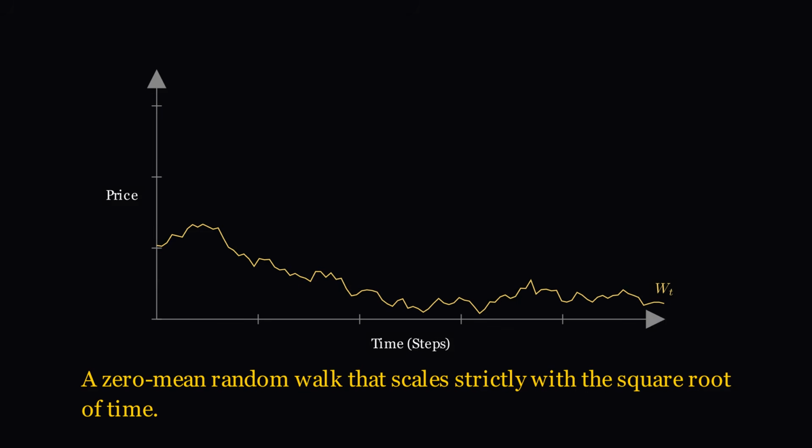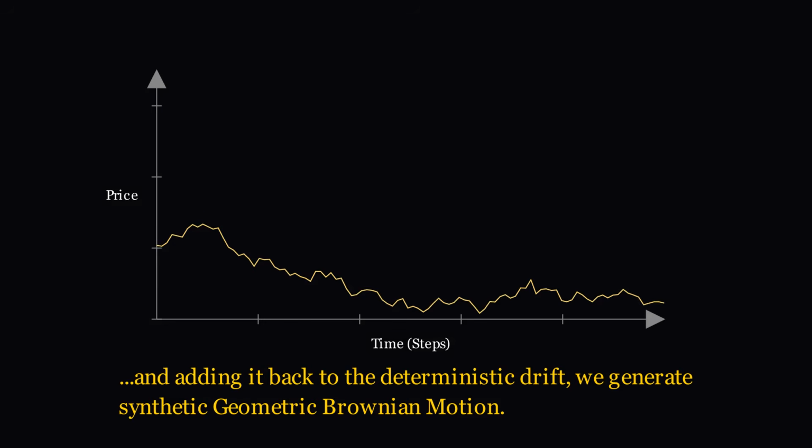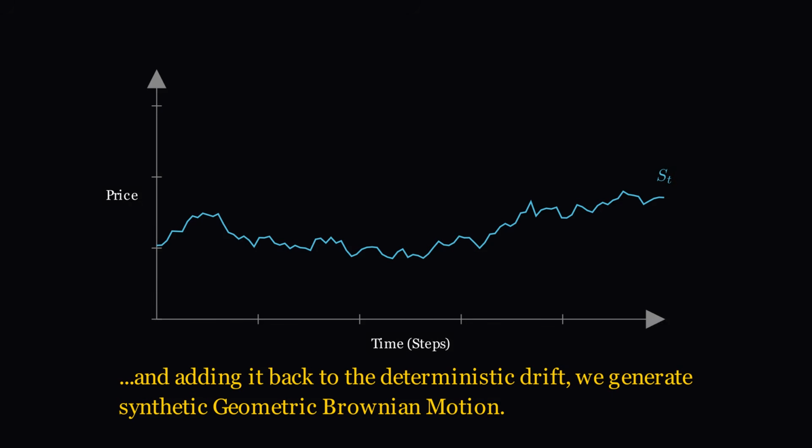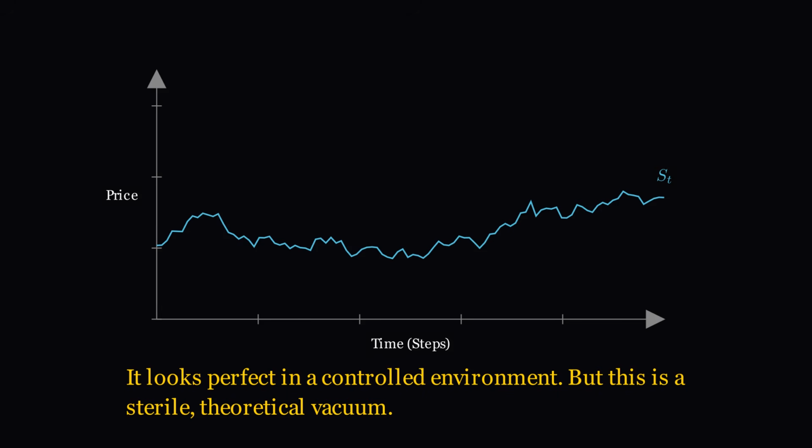A zero-mean random walk that scales strictly with the square root of time. By multiplying this noise by the asset's volatility and adding it back to the deterministic drift, we generate synthetic geometric Brownian motion. Notice how the variance scales predictably. A beautiful, continuous random walk. It looks perfect in a controlled environment.